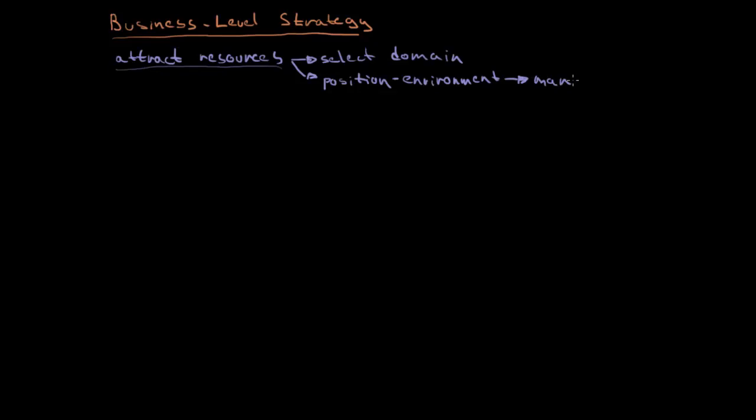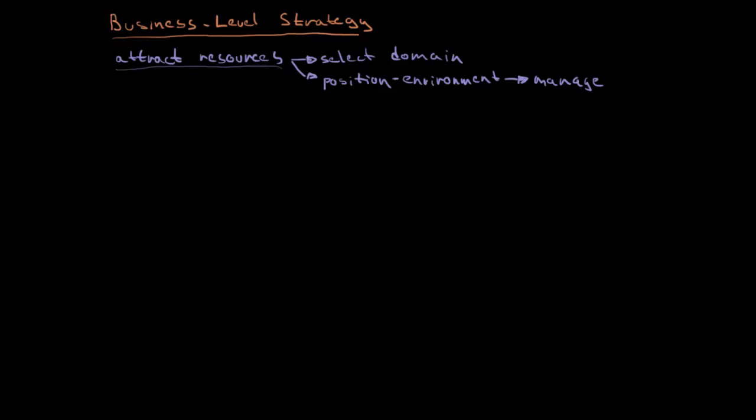Now, if you remember, the business level strategy is in charge of our lower level managers. So now we are not going to talk about employees' decisions, or about employee management, but about some higher decisions that are done by the managers.